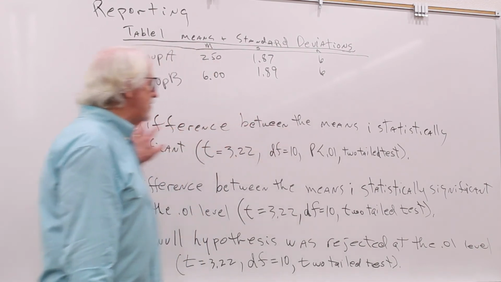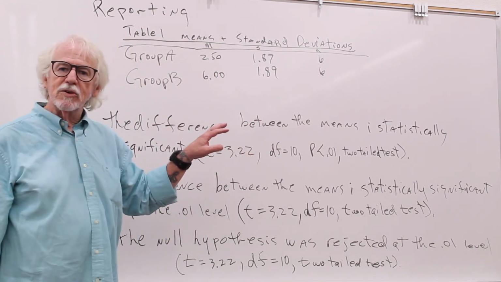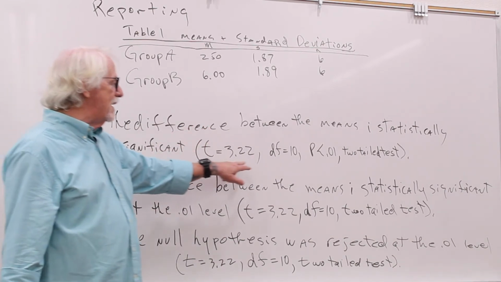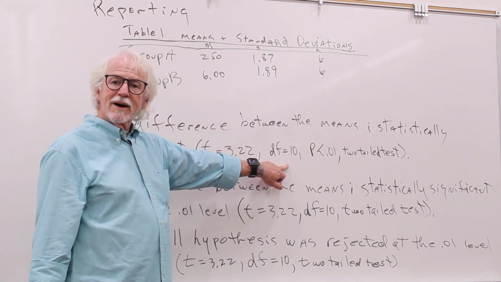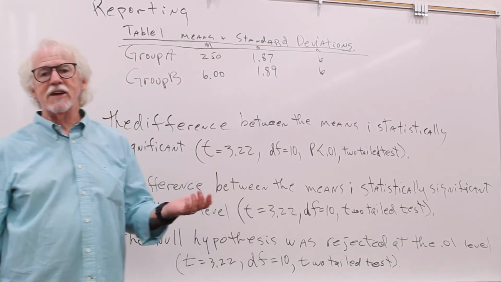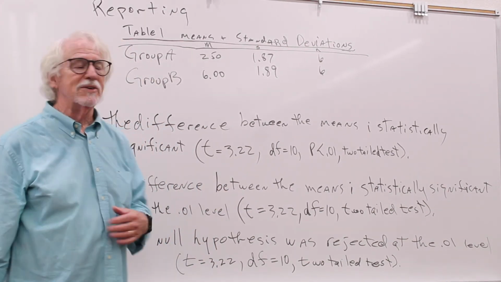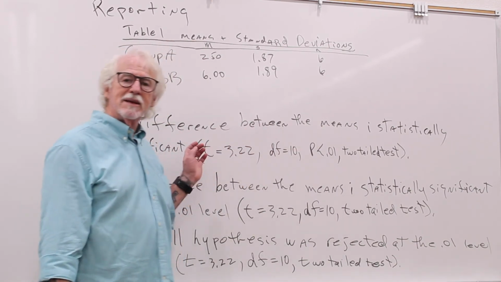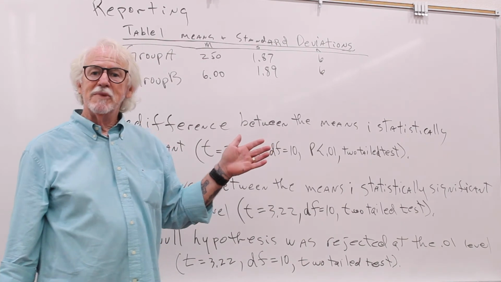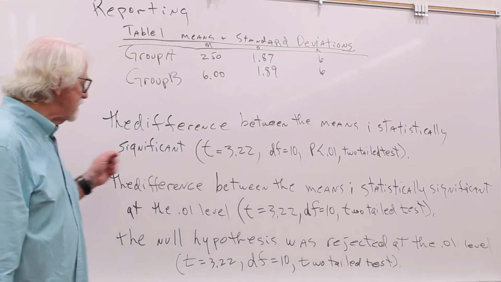From this, people would know what table to go look at. They would look up the critical value and compare it to your observed value, if they really wanted to check. But what you're telling them here is you were thorough and you followed through, and this is where the information is if they want to see it.